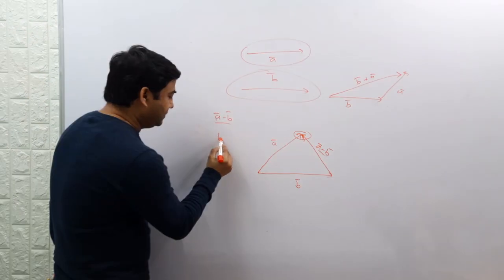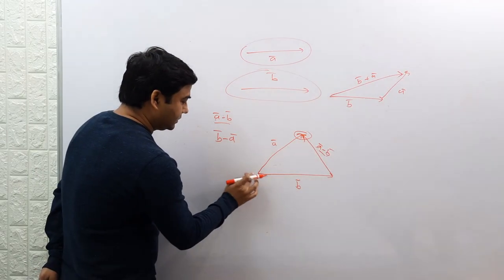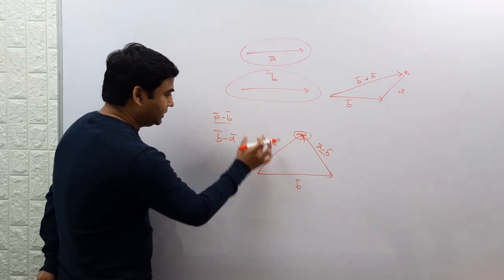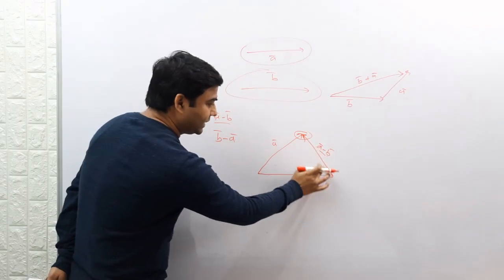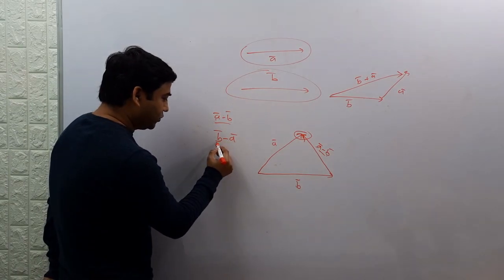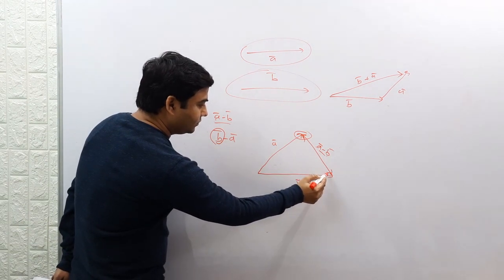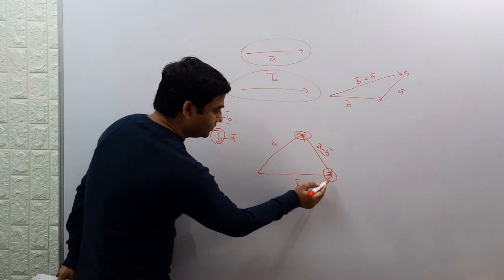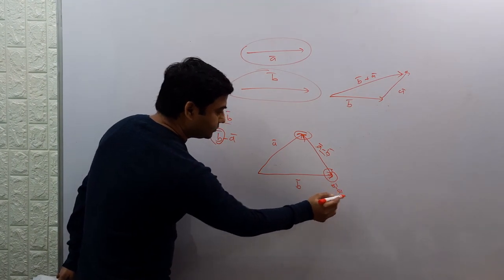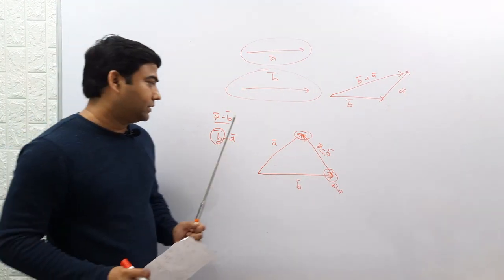Similarly, to find B minus A, you have to join the tails of both these vectors. This part will be the same. Complete the triangle, this part will also be the same. Just that you are subtracting A from B, so the head of the resultant vector will join with the head of B. So this is B minus A. This is just for remembering.